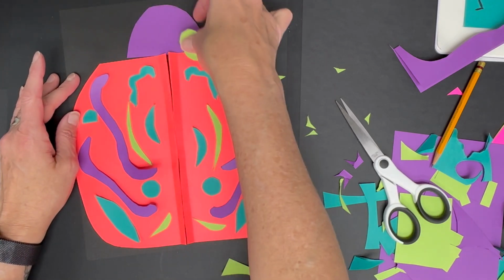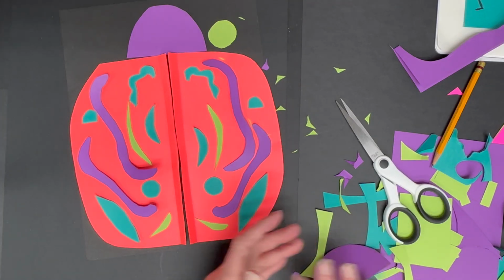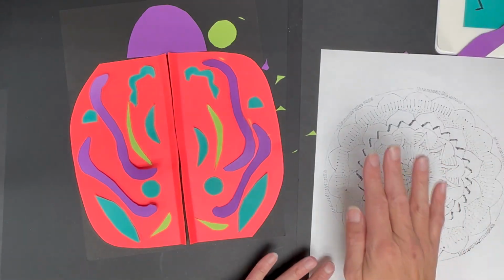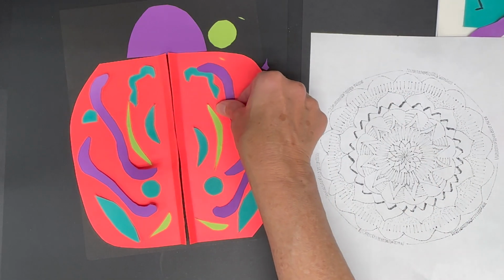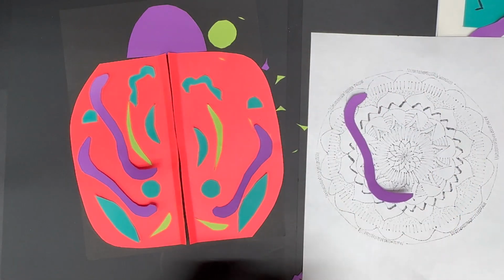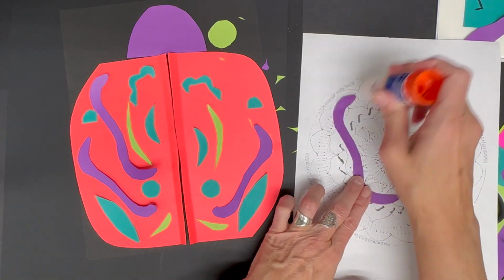All right, so I'm going to use a piece of scrap paper. And I'm just going to start gluing stuff down. So I'm going to take it from here, turn it over, and then put glue on it.